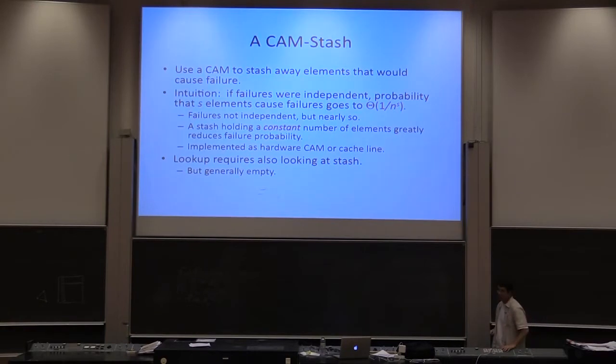So small stashes can greatly improve the failure probability, getting it down from 1 over n to 1 over n to whatever power you like in a reasonable way. Now when you do a lookup, you have to look both at the stash and the possible locations. In fact, usually the stash will be empty. So if you had some sort of flag telling you the stash is empty, most of the time you probably still wouldn't have to look at it at all. It's really just there as an extra fail-safe device.